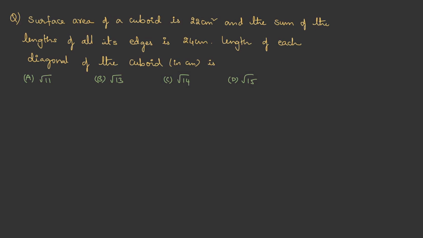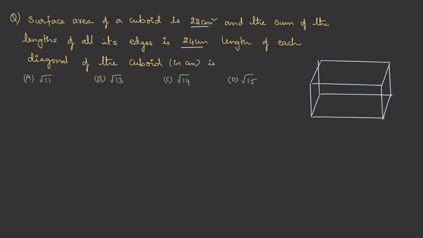The surface area of a cuboid is 22 cm square and the sum of the lengths of all its edges is 24 cm. Length of each diagonal of the cuboid in centimeter is. In the question they are asking us to calculate the length of the diagonal. This is a diagonal from one of the edges to the other corner. To calculate this, first we will calculate the diagonal for the base.